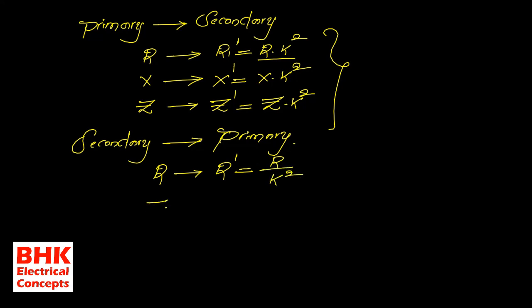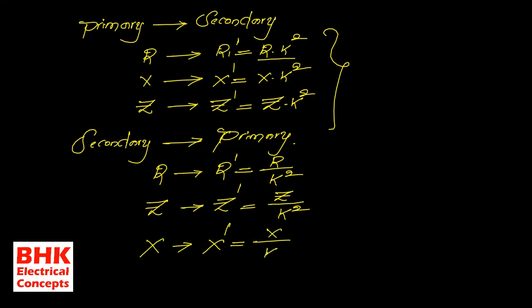For impedance from secondary to primary, z dash is equal to z divided by k square. For reactance, x dash is equal to x divided by k square.